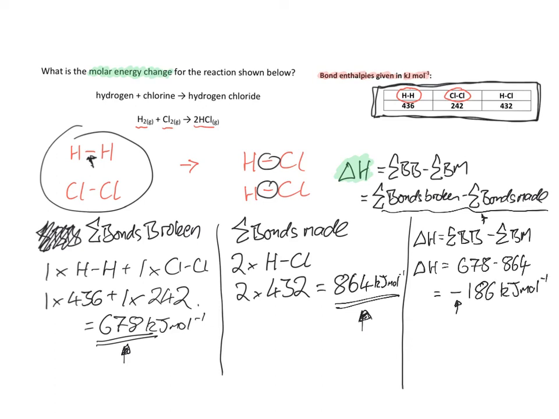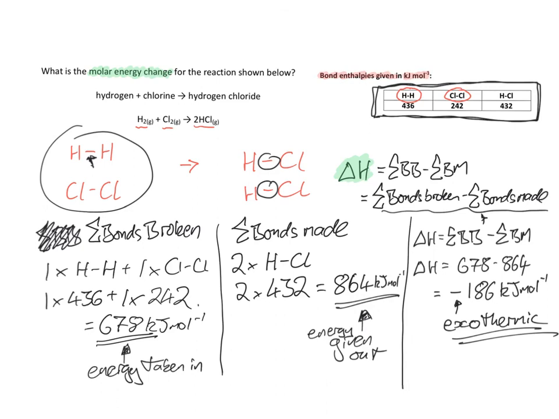Again, this negative sign here is telling me it is exothermic because I have more energy given out, making the new bonds, than energy taken in, breaking the old bonds. It is an exothermic reaction. Job's a good one.